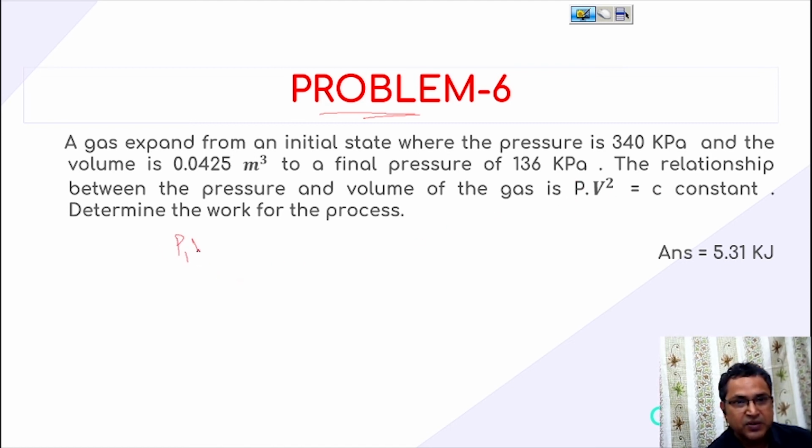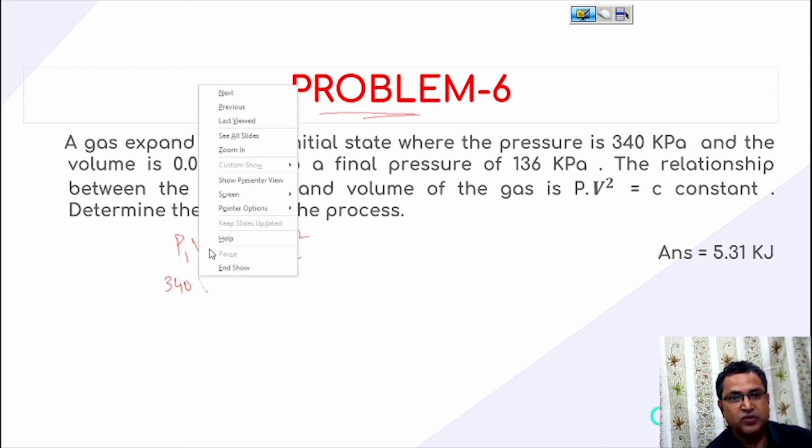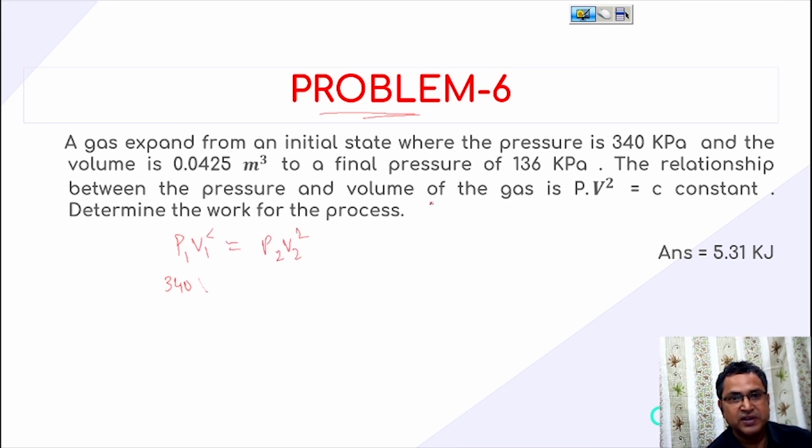So I am just telling here itself, P1 V1 square will be equal to P2 V2 square. Initial pressure is 340 kilopascal, 340 into V1 square. What is V1? 0.0425 square is equal to P2, that P2 is 136, so P2 is 136 into V2 square.